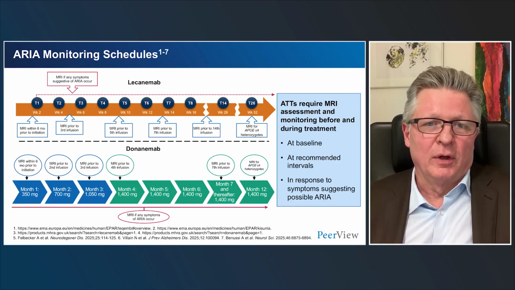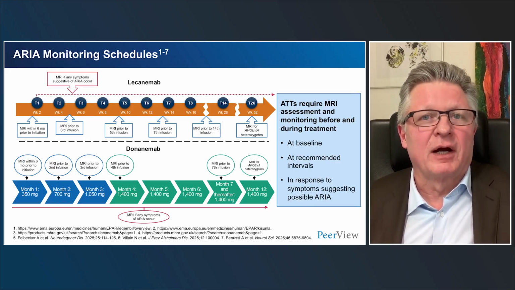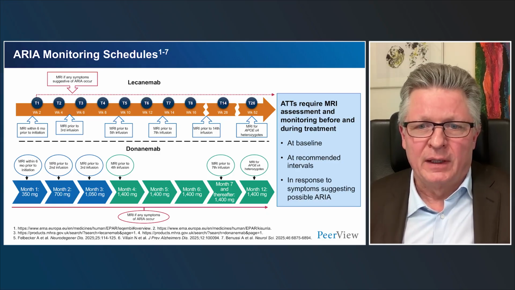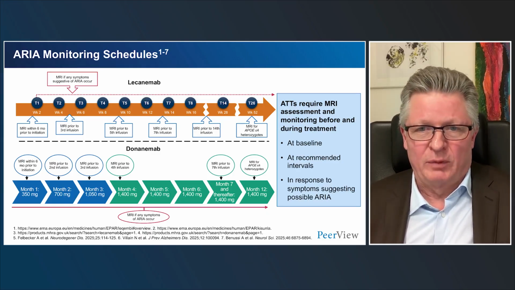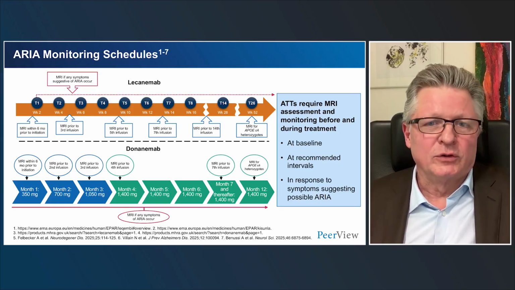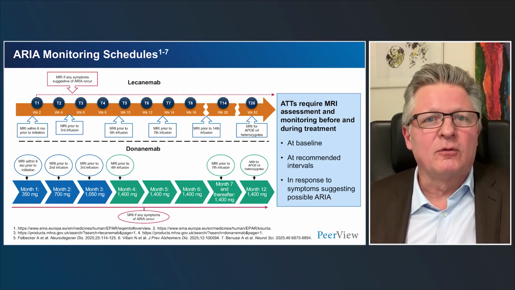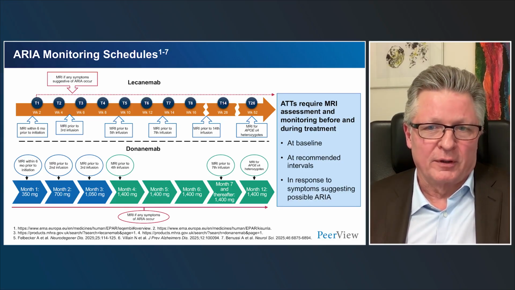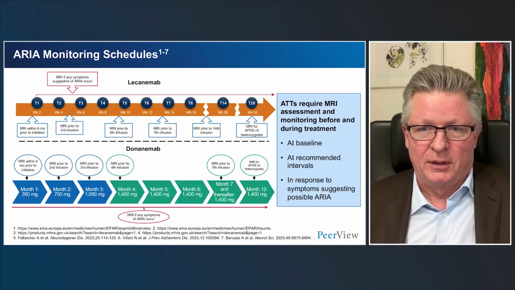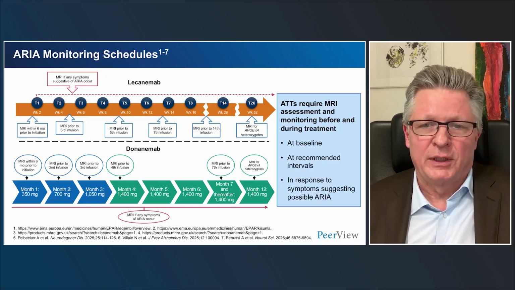And also there is sometimes a consequence if ARIA occur that the treatment has to be paused or modified. I would not want to go into detail on this slide. You will find all of that in the product information in detail and all appropriate use recommendations.